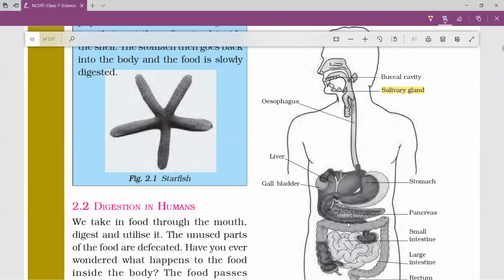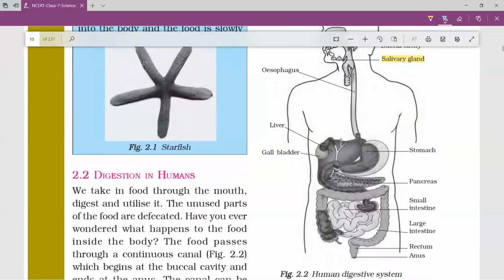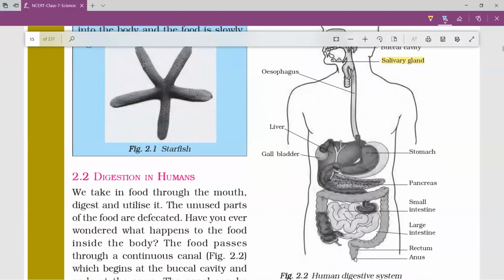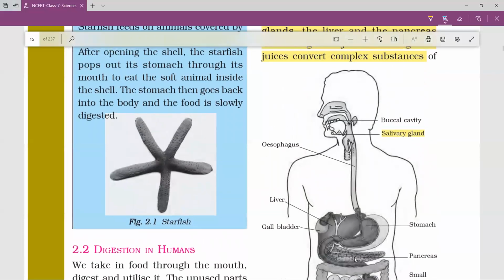Here you will see the pancreas, one of the largest glands. Here you will see the small intestine, which is coiled and surrounded by the large intestine. The last part is the rectum, and through the anus the undigested food is thrown out.